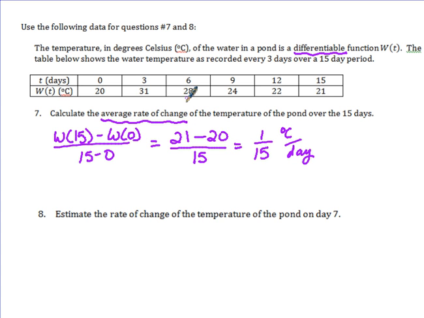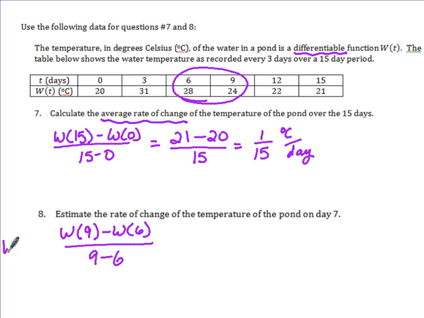The two numbers available on the table that are closest to 7 would be the 6 and the 9. So I'm going to calculate W of 9 minus W of 6 divided by 9 minus 6. And this is going to give me an approximation of the rate on day 7.